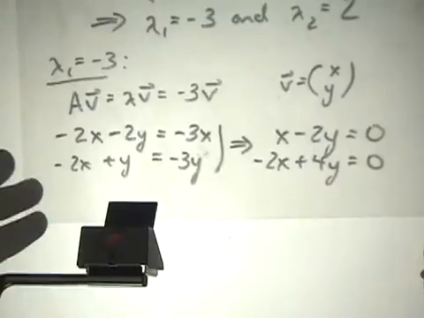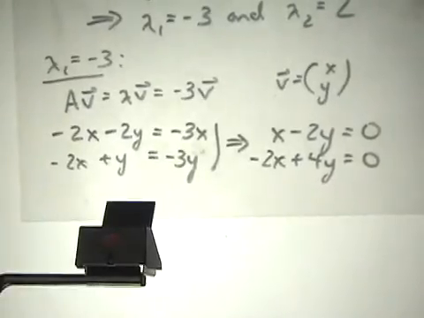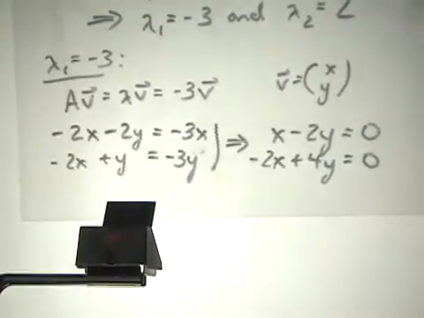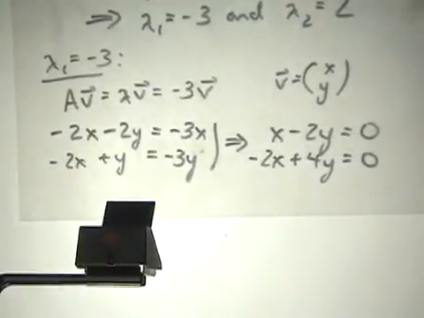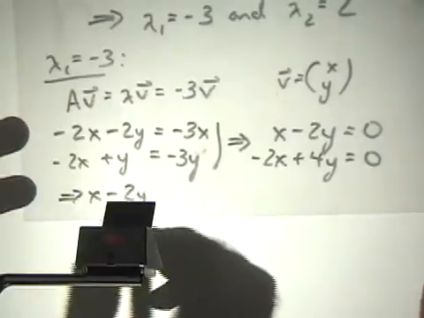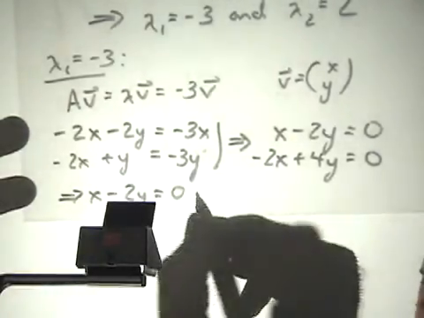If you look at those two equations, they really mean the same thing. They're equivalent. They have the same solution set. The second equation is negative 2 times the first equation. So they're redundant. You really only need one of these equations. Let's take the first one and use that to find your eigenvectors.